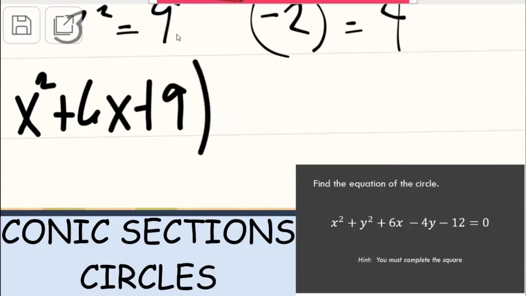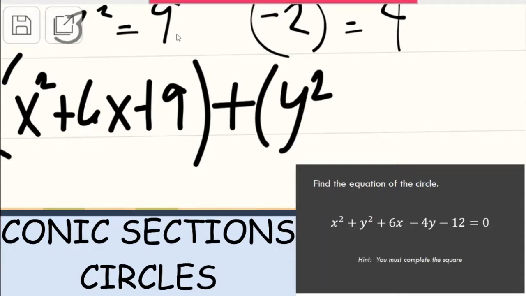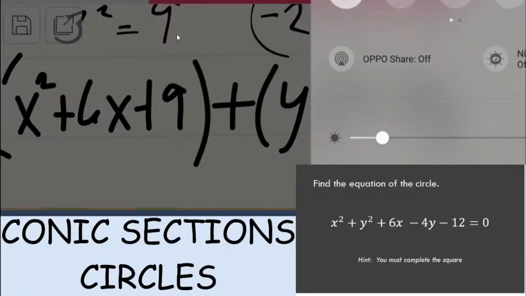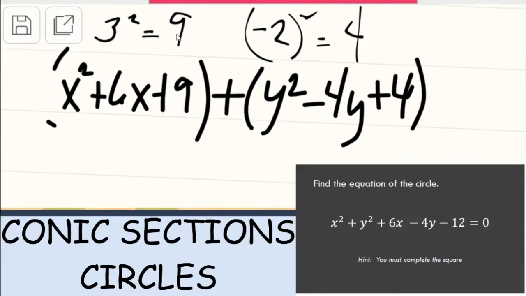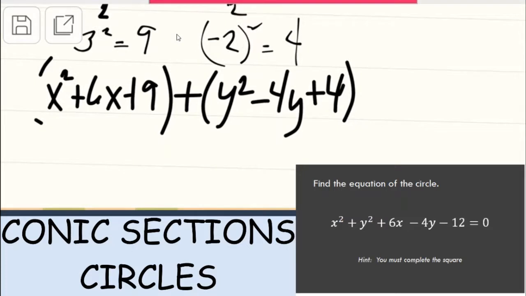So, parenthesis na natin para hindi malito. Plus y squared minus 4y plus 4, equals 12.